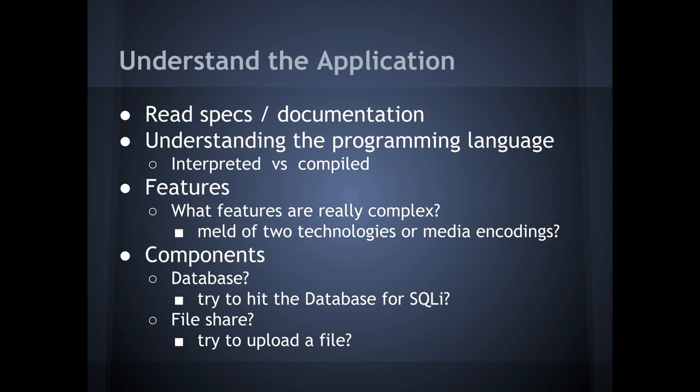I guess hopefully you're familiar with the target language. Then you want to focus on what features there are and perhaps look at the more complex ones. Because I've found that the more complex something is, the more likely a developer did it wrong.